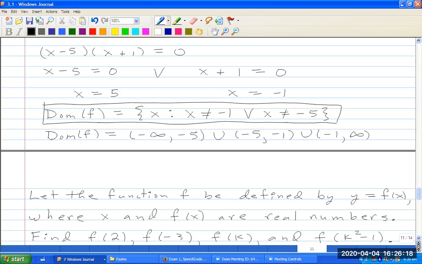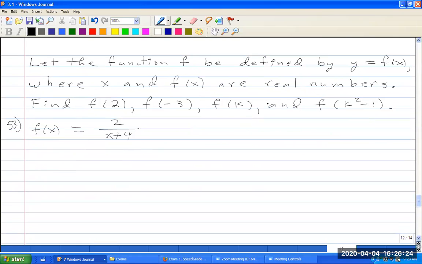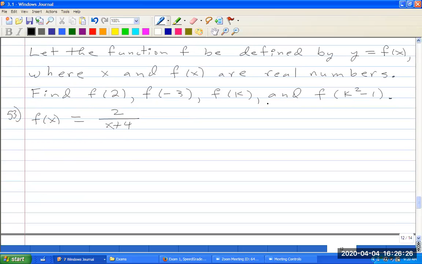Okay, let me do problem number 53. Let the function f be defined by y equals f of x. Oops. One second. Let me just look. There's a question.